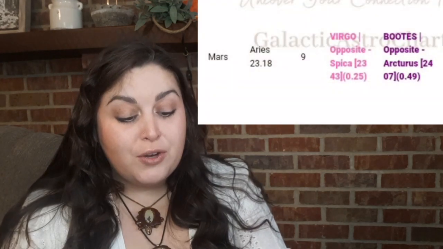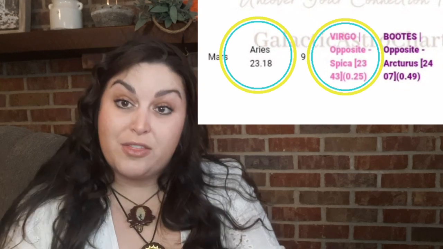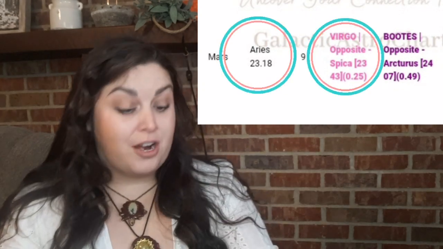So for example, I have 3 opposites, including Orion opposite Betelgeuse, Virgo opposite Spica, and Bootes opposite Arcturus. So the exact degree is Virgo opposite Spica, which is 23 in Aries within Mars.